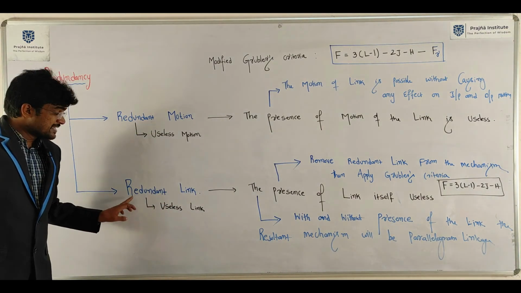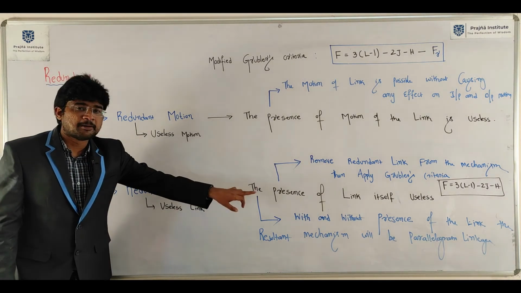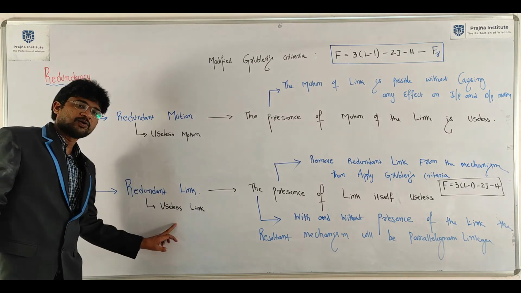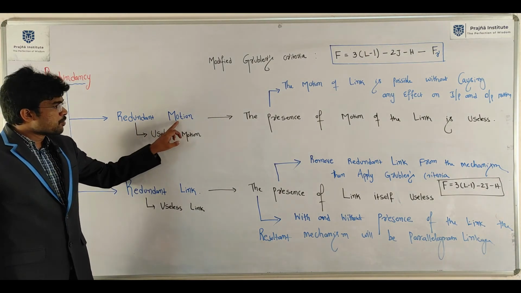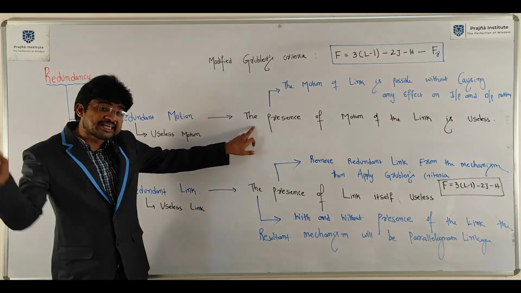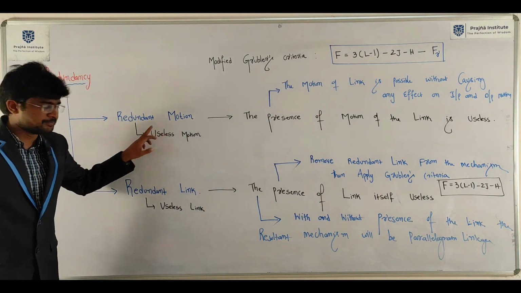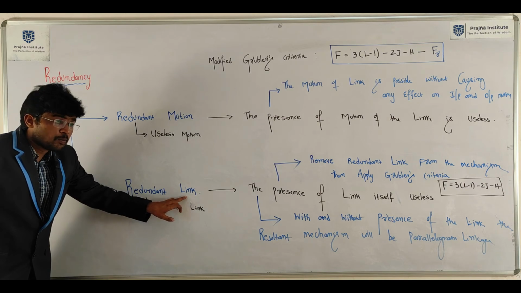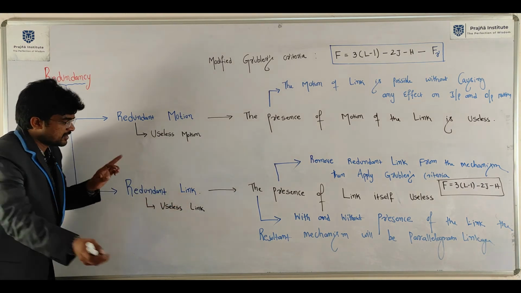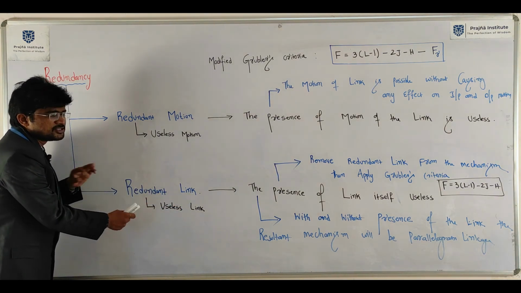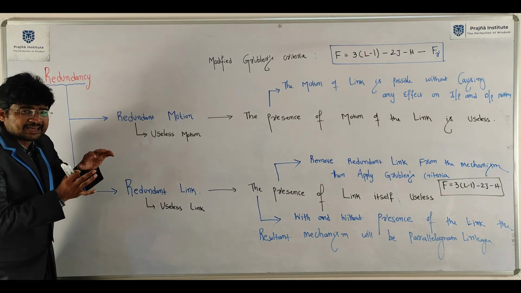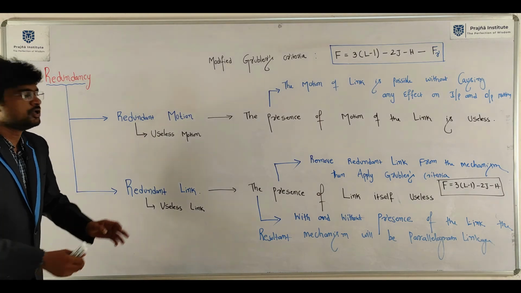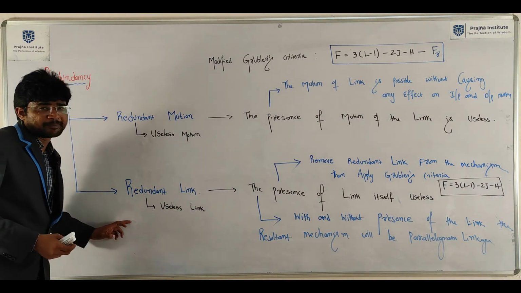Okay, presence of motion is useless, presence of the link is useful in case of redundant motion. Presence of link is useless, but motion of the link is useful in case of redundant link. Okay, so some confusion is there, but understand one by one, feel it. Then only you can handle these two topics.